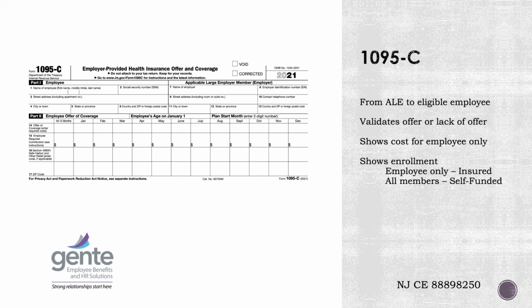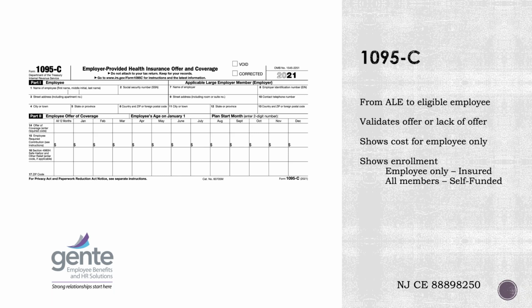This new 2021 version that's on the screen, if you're familiar with these forms, you'll see there's actually less information on page 1 than there used to be. Enrollment information for self-funded plans isn't listed on page 1 anymore. It's because there's more information in part 2. Lines 15, 16, and 17 now include another line for the ICHRA, and we'll talk about that as well.